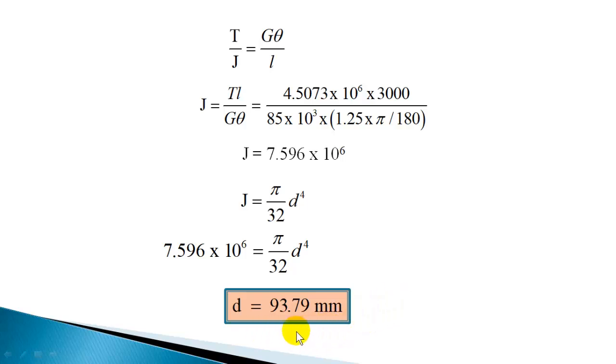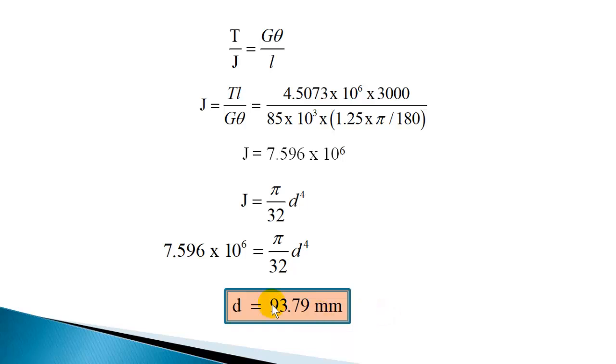So this is the diameter required to restrict the angular twist to 1.25 degree in a shaft length of 3 meter, while the shaft transmits 80 kilowatt at 200 rpm. So minimum diameter required is 93.79 mm.